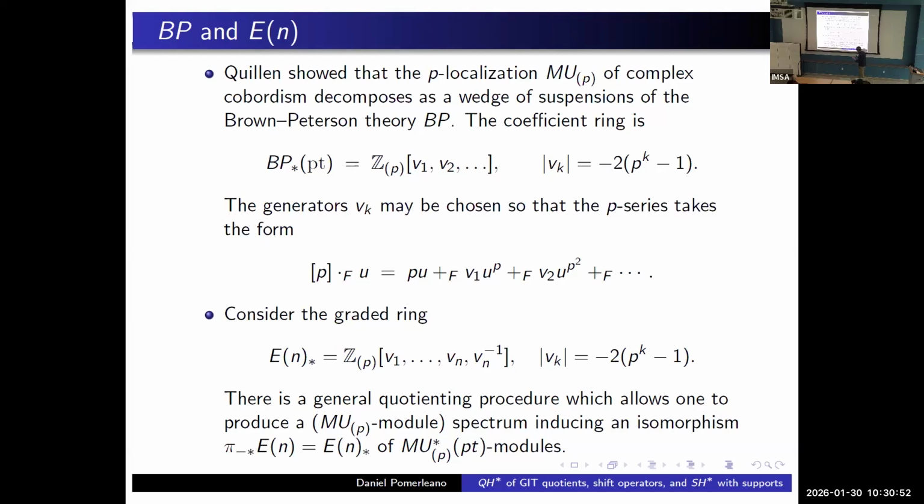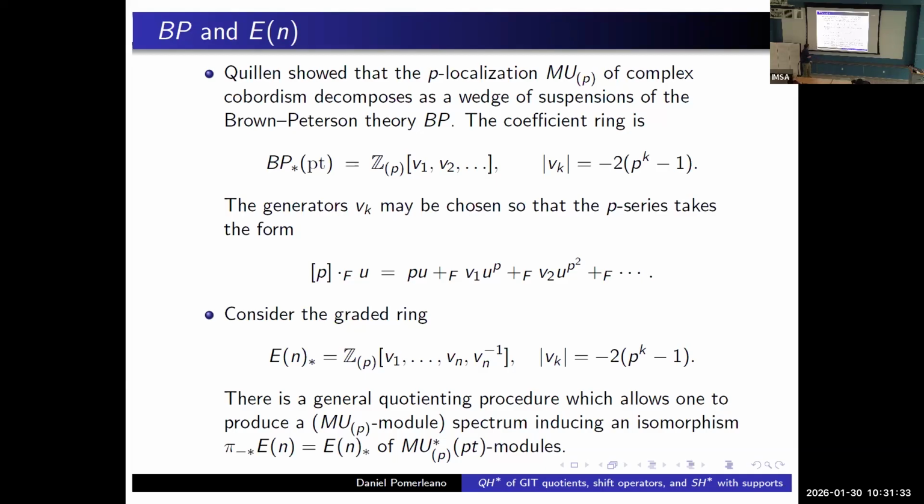The coefficient of MU is also a polynomial ring, but with a lot of generators, whereas here it is spread out very widely, so there are fewer generators. And you can choose these generators so that the group law, what's called the P series, becomes very explicit to work with, using your generator U of the E cohomology of CP infinity.